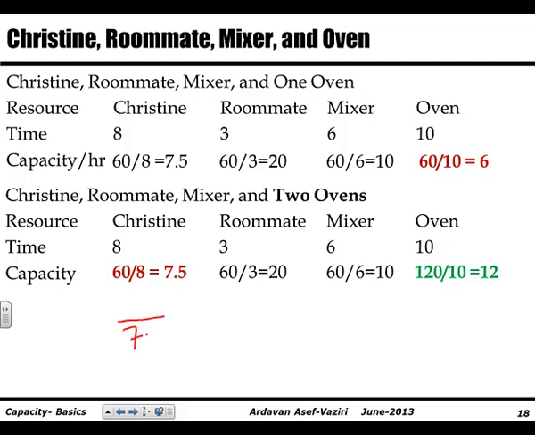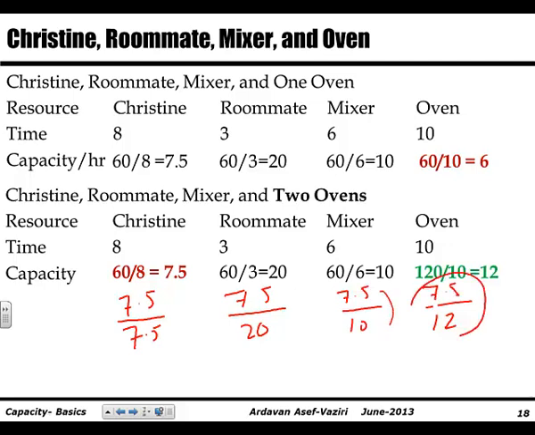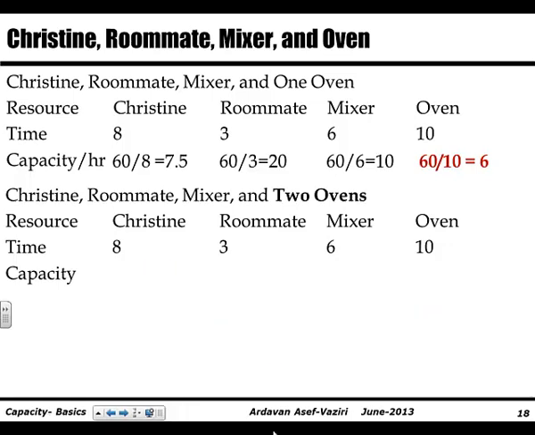Capacity of the first one is 7.5, second one 20, third one 10, fourth one 12. Capacity of process 7.5, 7.5, 7.5, and 7.5. These are utilizations of different operations.